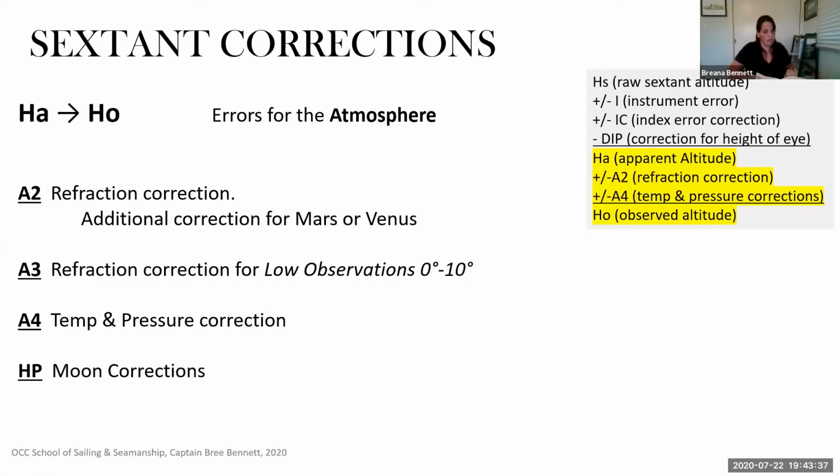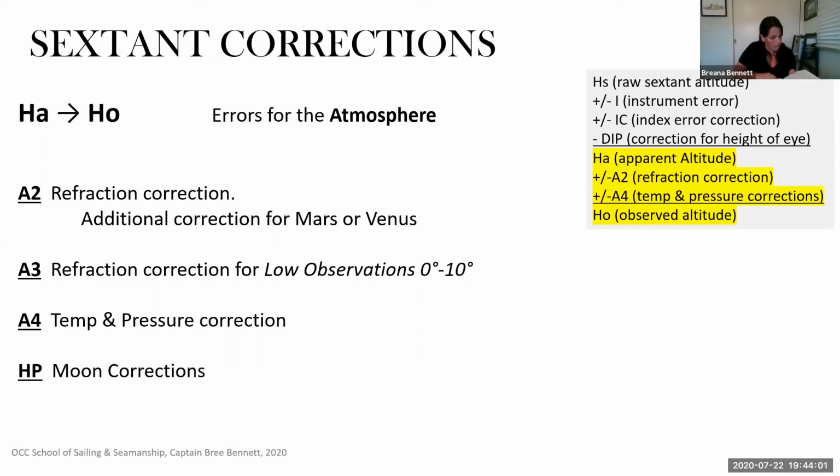Open your almanac to the beginning, the first couple pages. The first one you'll see is A2, altitude corrections for 10 to 90 degrees for your sun, stars, and planets. And then there's an additional correction for Venus and Mars.